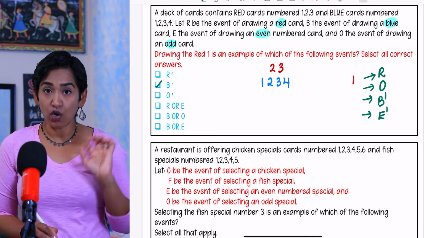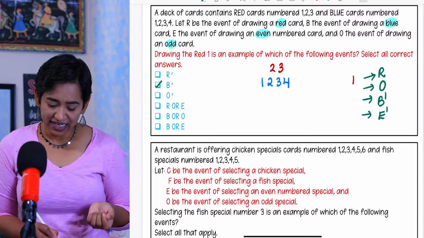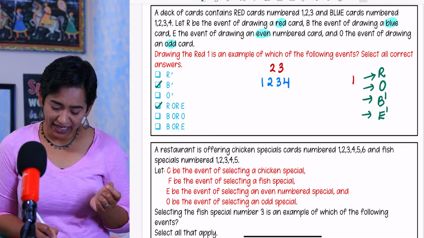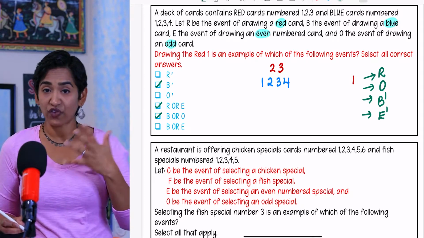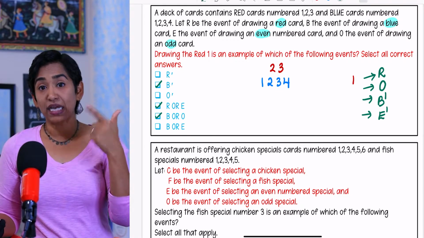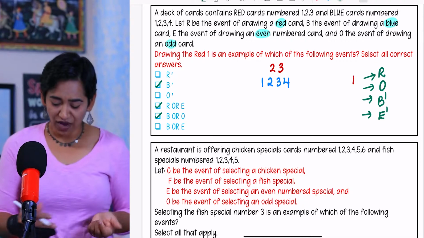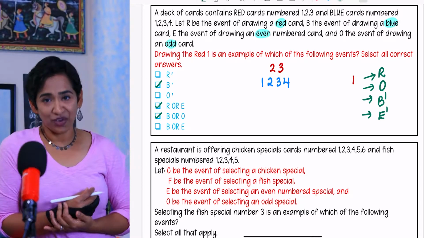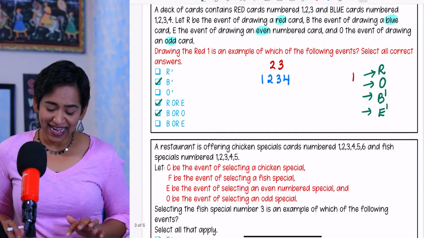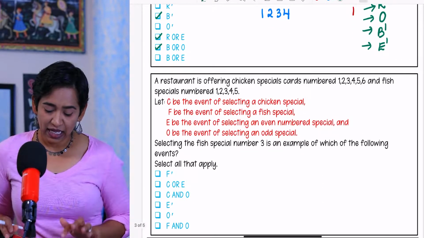It is red or even. Yes. It is blue or odd. Yes, because it's an odd number. It can satisfy both of them. So it's blue or odd. Yes, it's an odd number. It's not blue, it's red. So everything that has those, you're going to go ahead and pick those. All right. Now let's go ahead and take a look at the next one.